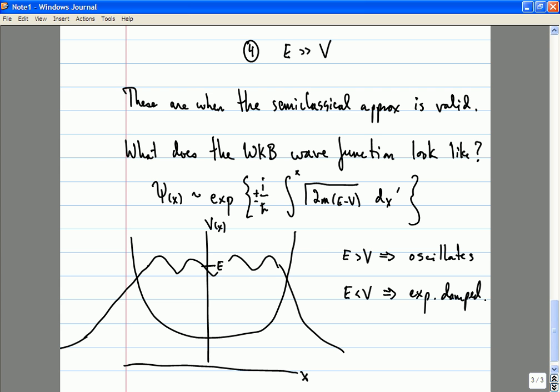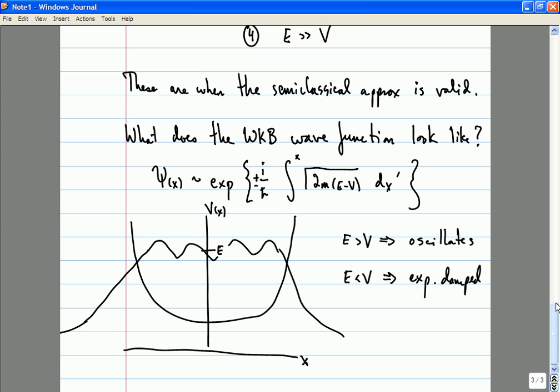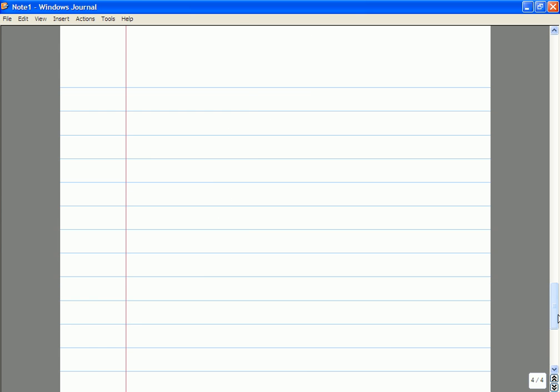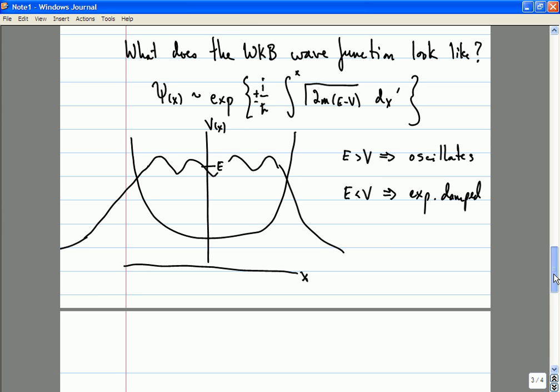And so this gives you at least a very approximate picture for what the solutions to the Schrödinger equation should look like inside some sort of arbitrary potential.